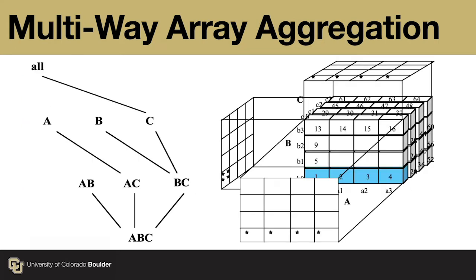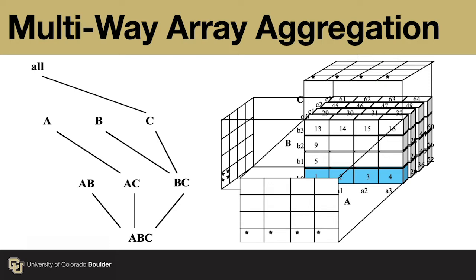So this is a picture of how we can do the multi-way array aggregation simultaneously. Think about, we have this data cube with 3 dimensions, and each of them only has 3 possible values, which is very small.